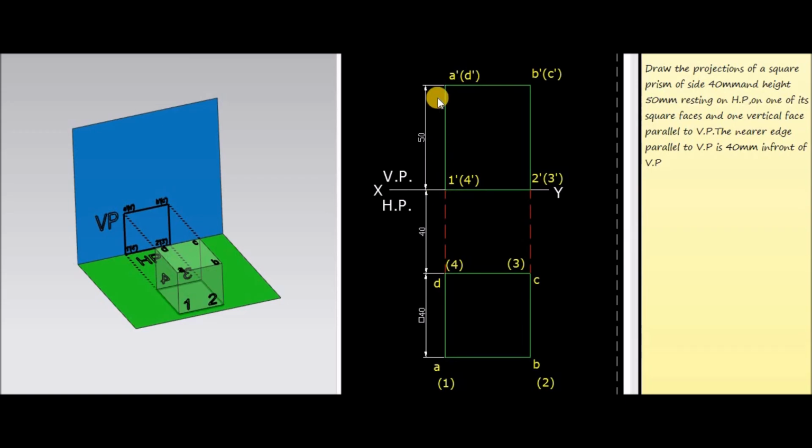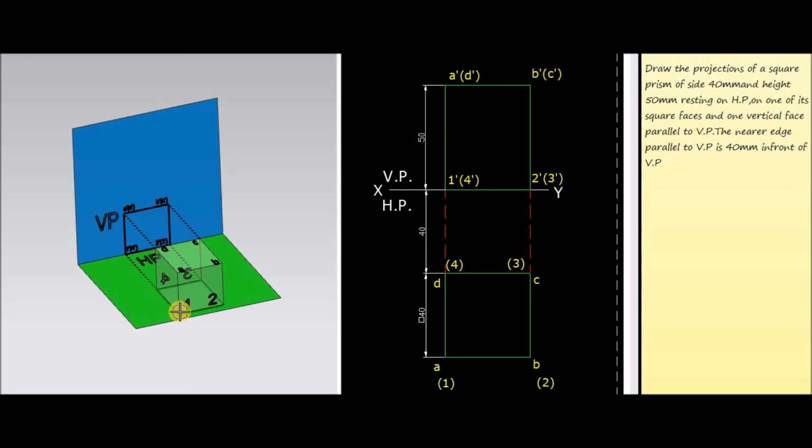Now we have to mark the points at a distance of 50 mm from the XY line, corresponding to the top view corners ABCD and bottom corners 1, 2, 3, 4. From this figure it is clear that the points 1, 2, 3, 4 are resting on HP.